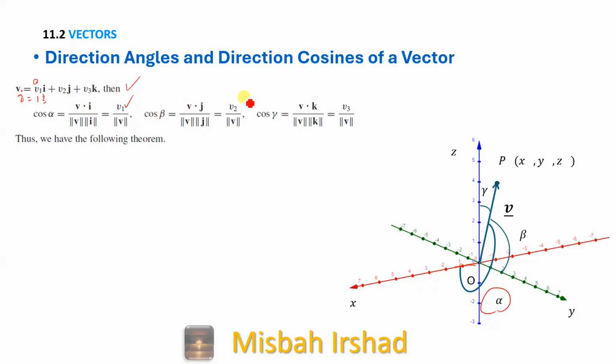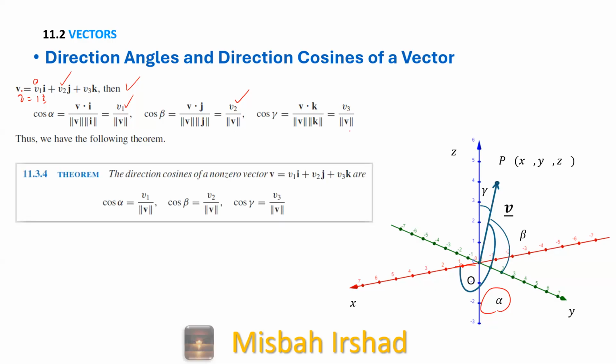Similarly, cosine beta is the j component divided by the magnitude of v. And similarly, cosine gamma is v3 divided by the magnitude of v. And if we square all these cosines and add them, let's square all of them.